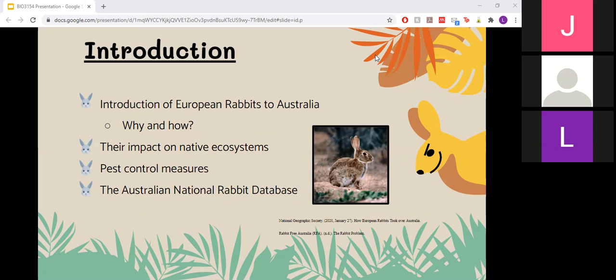The solution that the Australians came up with to fix this problem was to combine more than 50 years of spatio-temporal rabbit abundance data into one database, the Australian National Rabbit Database, or the ANRD. Hopefully, this would give easier access and better analysis on the invasive species and begin to help the problem of combating them and getting them under control.